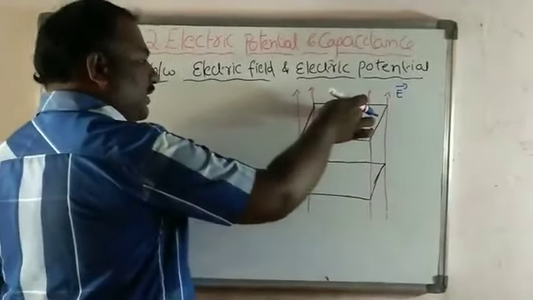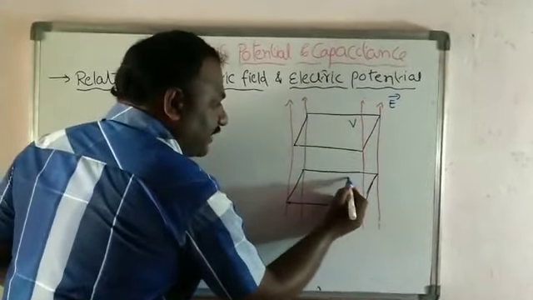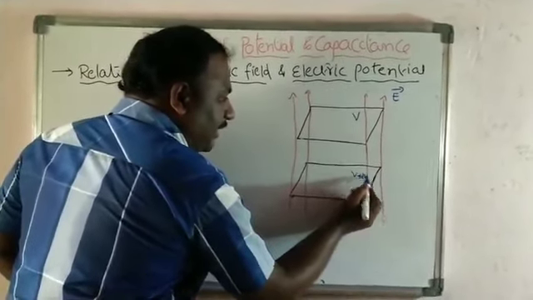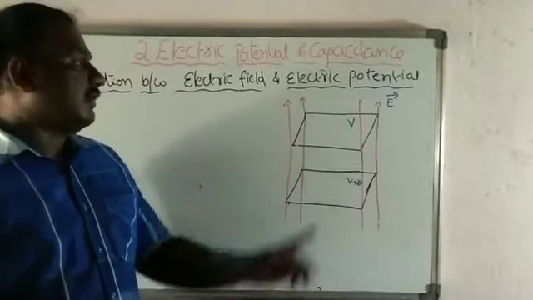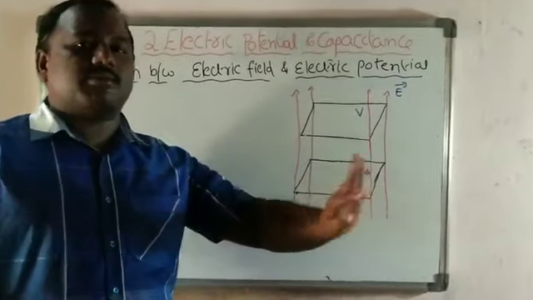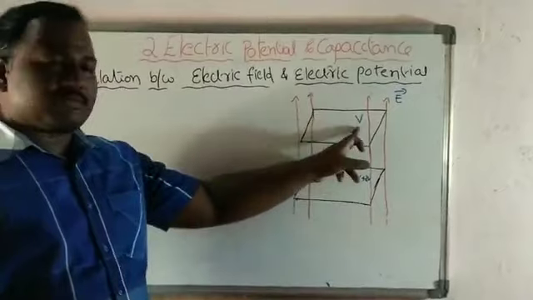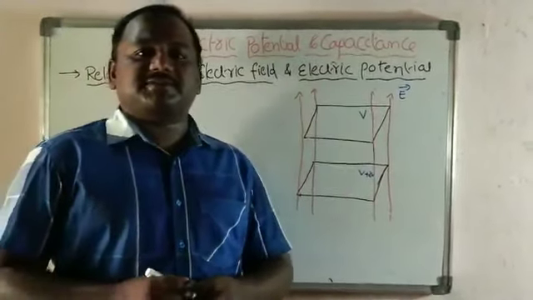Equipotential means V is the potential at any point. And here the second surface, it is also having the same potential at any point. I assume that potential is V plus dV. Comparing to the first one, this has some more value. So the potential at any point on this surface is V, and at any point on this surface is V plus dV.